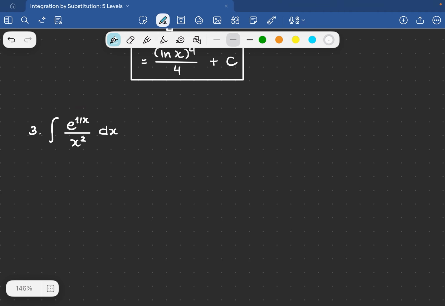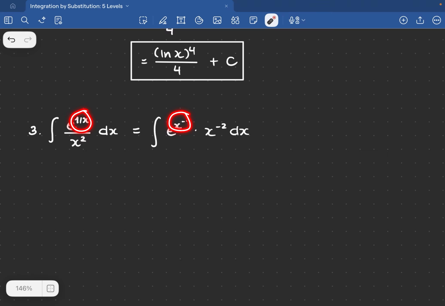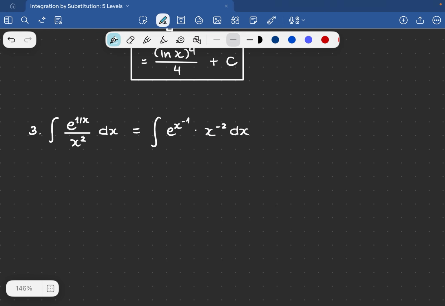So just to emphasize why is that, take note that we can write this one as the integral of e raised to x raised to negative 1 times x raised to negative 2 dx. This is just by laws of exponents. 1 over x is just x raised to negative 1. The x squared being in the denominator is just equal to x raised to negative 2. There. So we can now apply u-substitution. Like I said earlier, we'll choose u to be equal to x raised to negative 1.